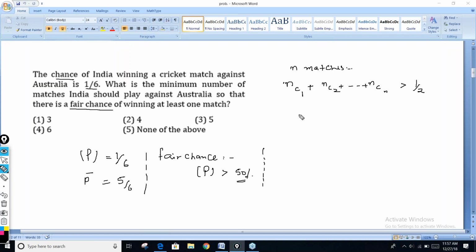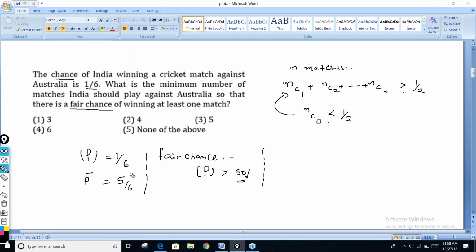So rather than doing it this way, if India does not win any of the matches, and if this probability is less than half, then the probability of winning at least one match will be more than half. That part is clear.